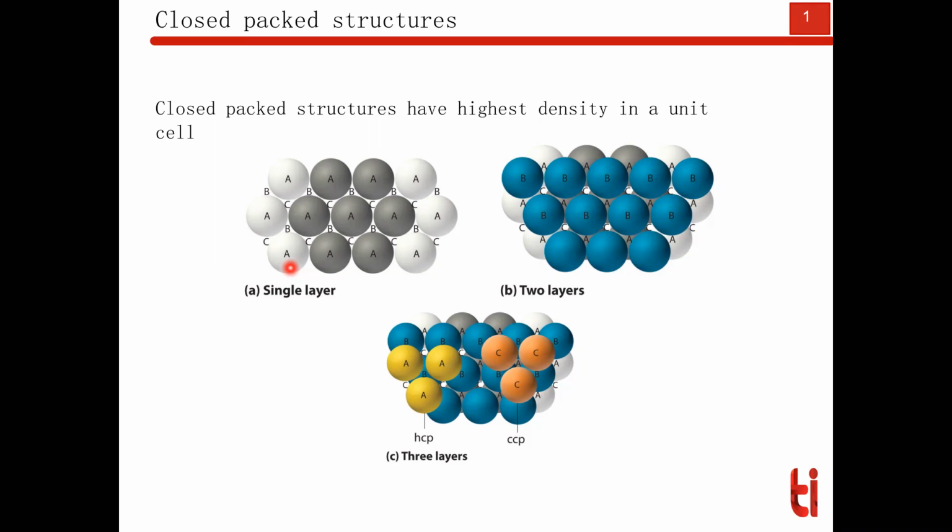On the top of this, we define the valleys as B, and on the other side of the same layer, we define the valleys as C. If I focus here, you follow my cursor, then I have two possible valleys.